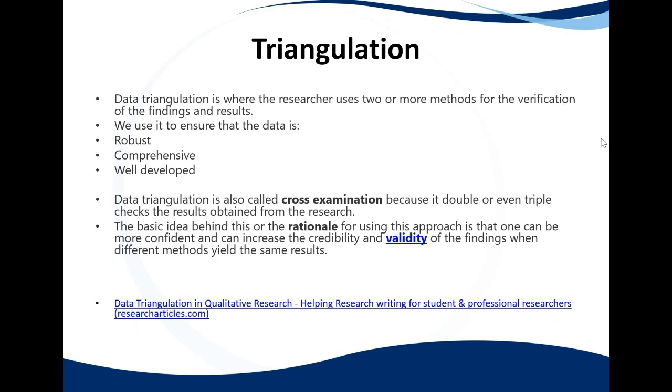All right. Data triangulation is also cross-examination, as I was saying, that you cross-examine the data and the information that you would have received, right? Because it assists you to double or even triple check the results that you have obtained from your research.